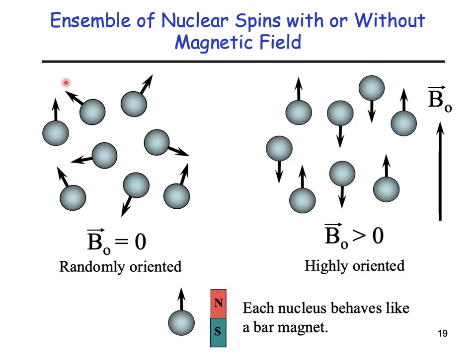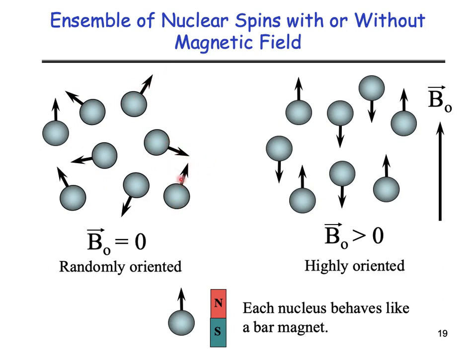Now what's happening in the NMR spectrometer? These are all nuclei, and these are the magnetic moments of the nuclei.